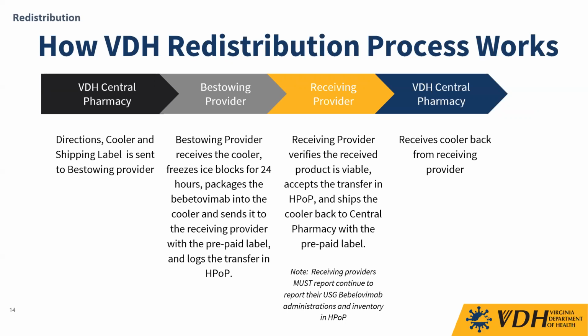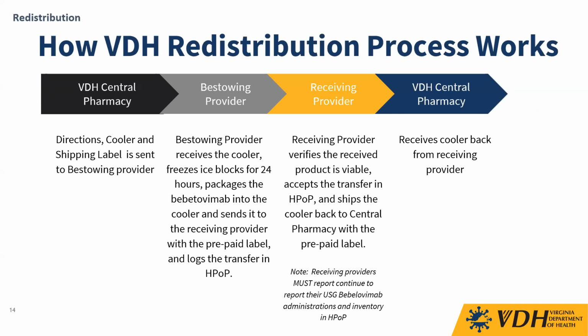First, VDH Central Pharmacy sends out directions, a cooler, ice blocks, and shipping labels to the bestowing provider. Once the bestowing provider receives the cooler, they will need to freeze the ice blocks and prepare the shipment based on the enclosed directions and log the transfer in HPOP to the receiving provider.